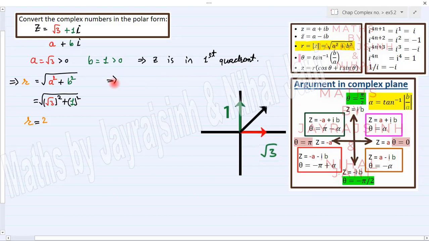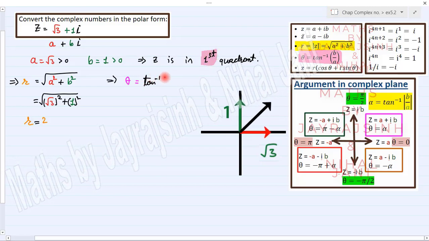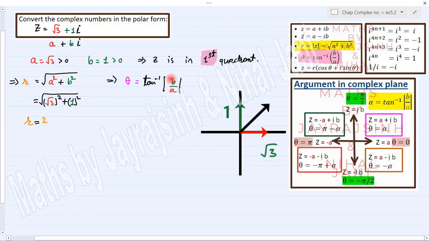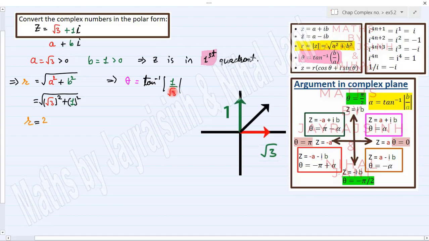Now, the second required quantity is the argument, and for the first quadrant, the argument is given by tan inverse of b by a, where b is the imaginary part and a is the real part. So theta is tan inverse of 1 upon root 3, which will give us theta equal to pi by 6.